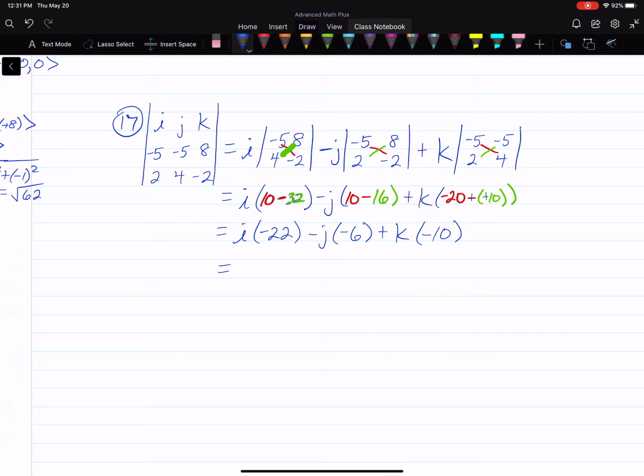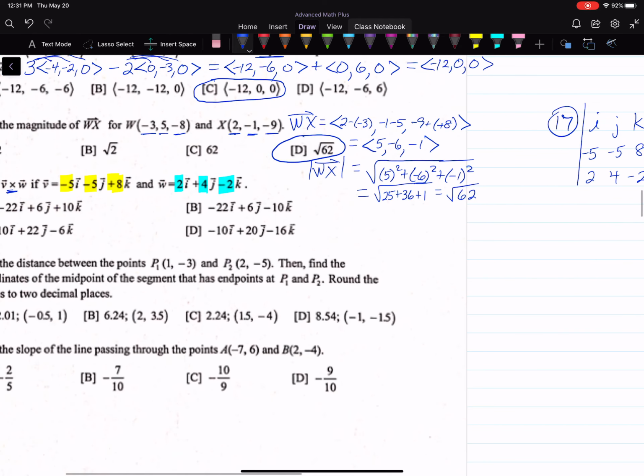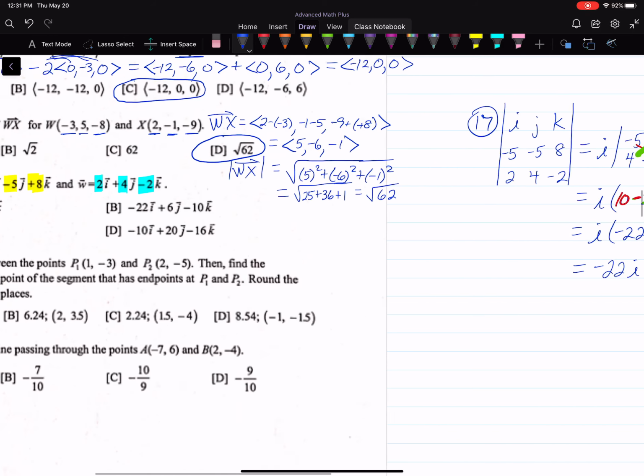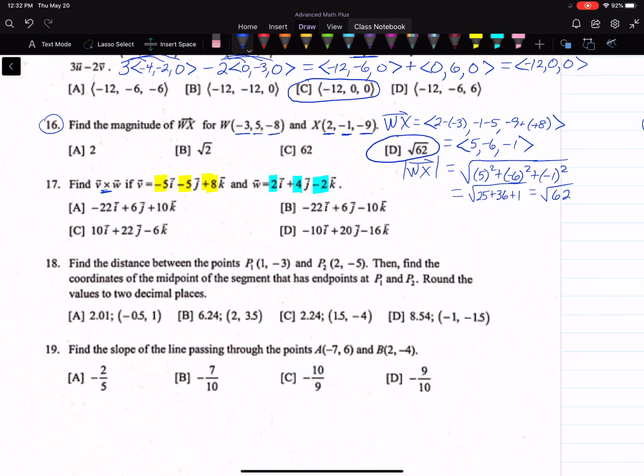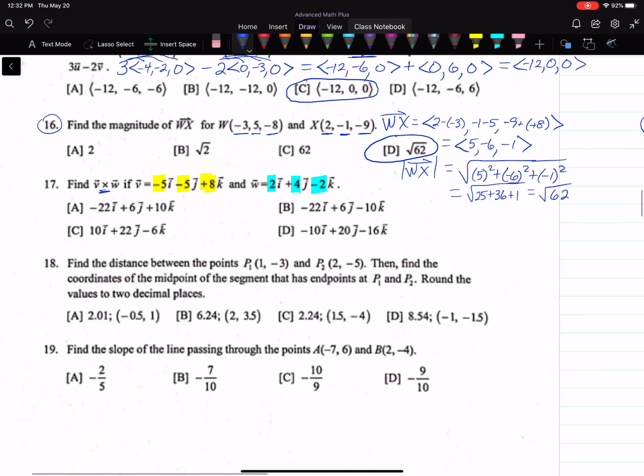So my final answer is negative 22I, negative J and negative 6 make positive 6J, and then minus 10K. And hopefully that's one of the answers. And it is, answer letter B. Is that right? Negative 22, positive 6, and negative 10. Yep, letter B.